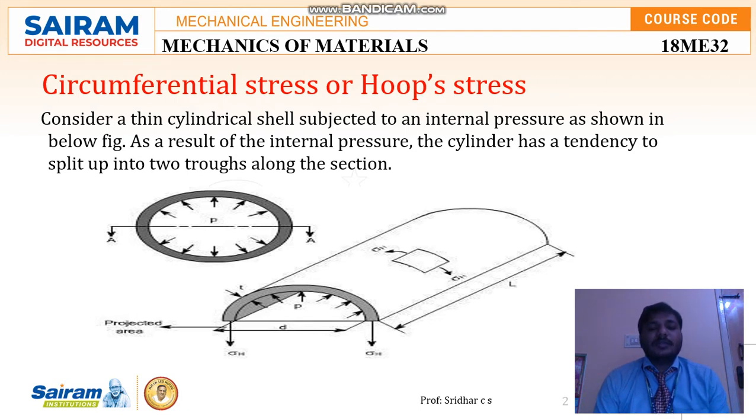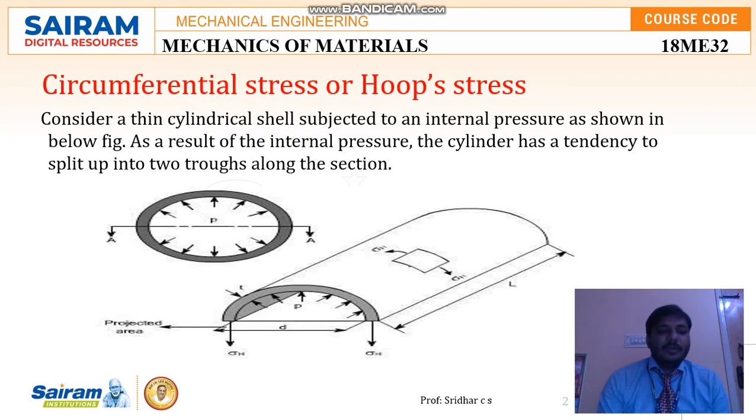When the internal pressure is created, the cylinder has to withstand it. The pressure inside the cylinder will be higher because of the liquid or gas that has been filled. At that time the cylinder has a tendency to split into two along the section. It will not burst out of the cylinder, but whenever the internal pressure is high, it splits along the section.